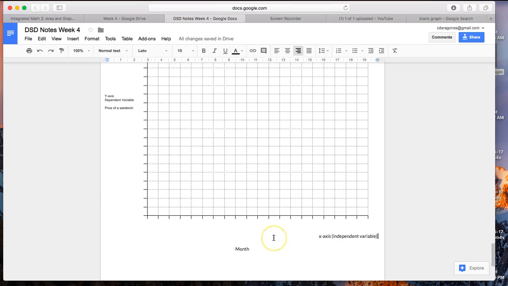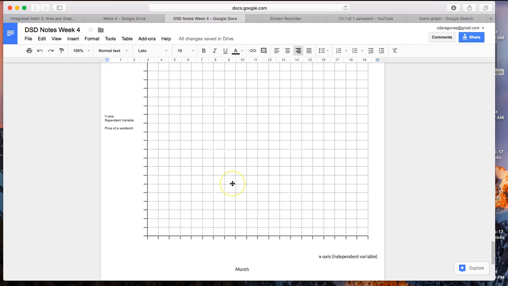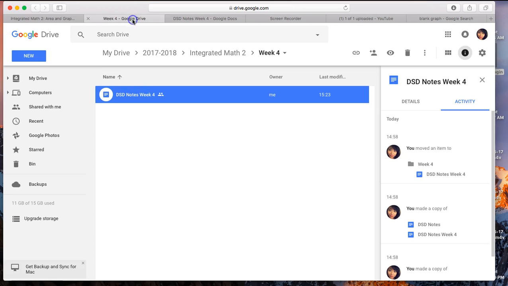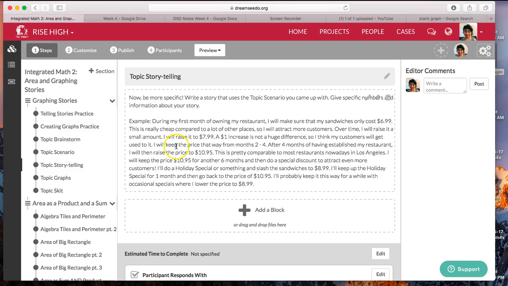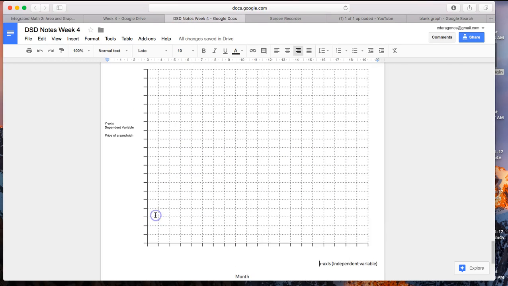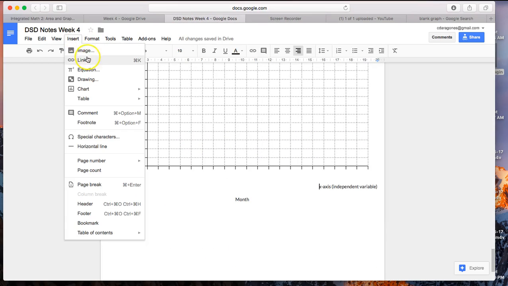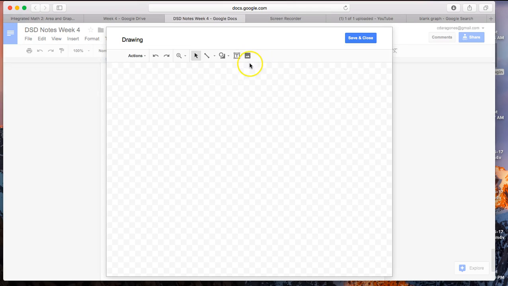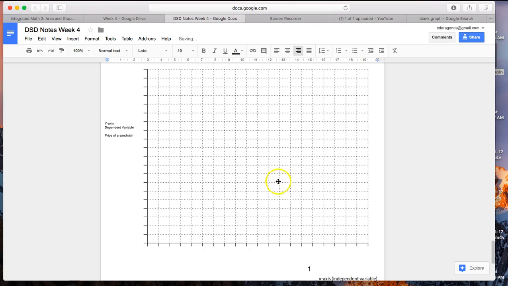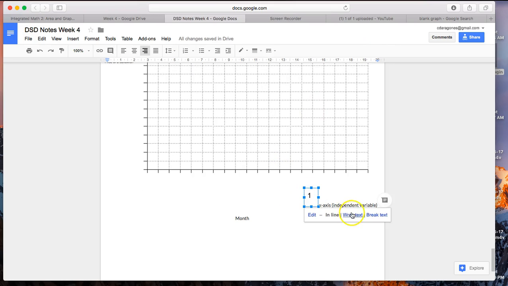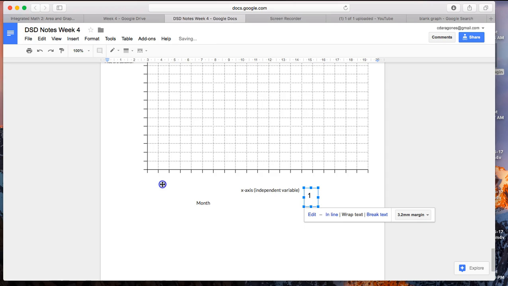Okay. So now I need to actually graph my data. So for me specifically, I go from month 1 to, let's say, month 12, right? Like a whole year of my restaurant being open. So I'm going to go ahead and label this with month 1. So you know that every tick line is 1 month.